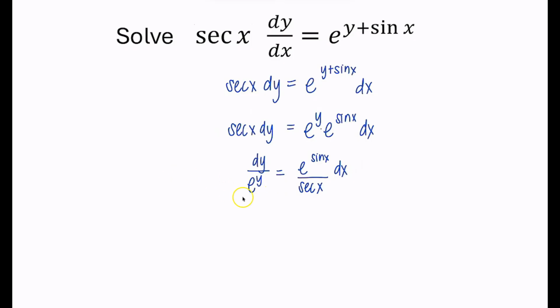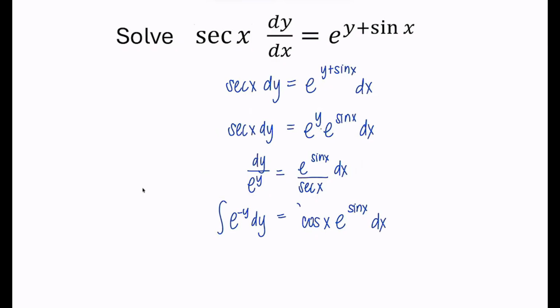And so let's get ready to integrate here. So on the left side, I'm going to rewrite this as e to the negative y dy. And on the right side, what I want us to remember is that I have 1 over secant x, and 1 over secant x is cosine x. So what I really have on the right-hand side is cosine x times e to the sine x dx.